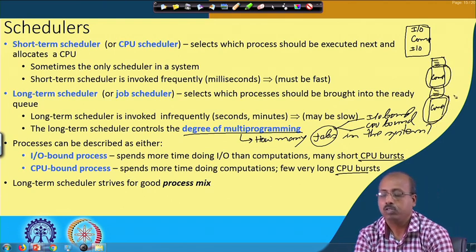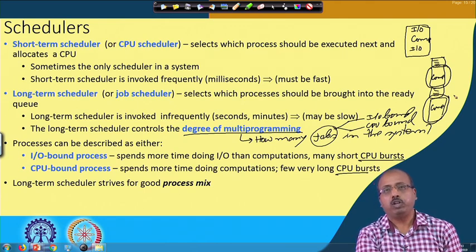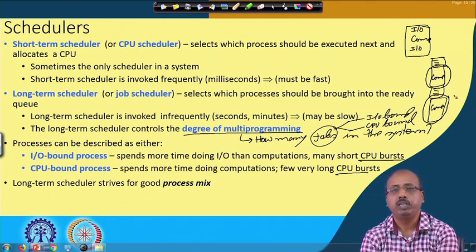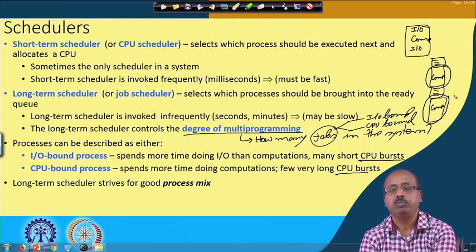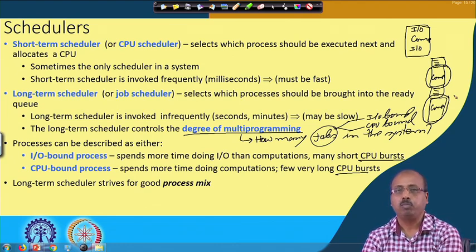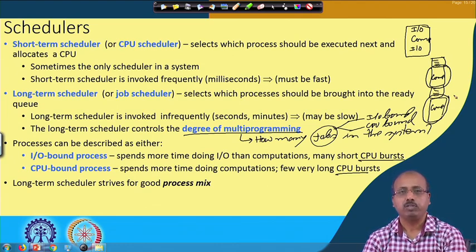Like that. If a job is an IO bound job, then the IO bursts will be longer, but the CPU bursts will be smaller. Very few CPU operations will be required, but most of the time it will be doing IO operations. On the other hand, if a process is compute bound, then the IO bursts will be small and the CPU bursts will be large.